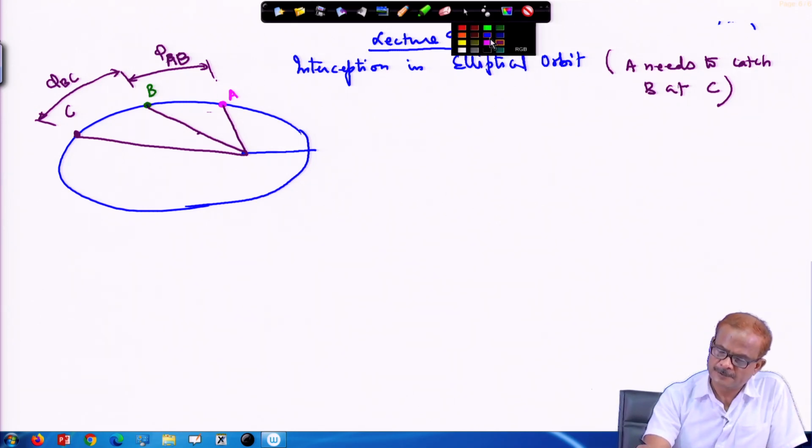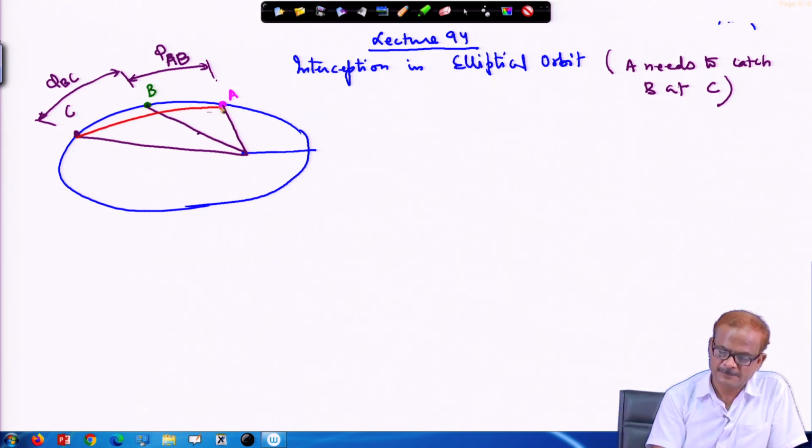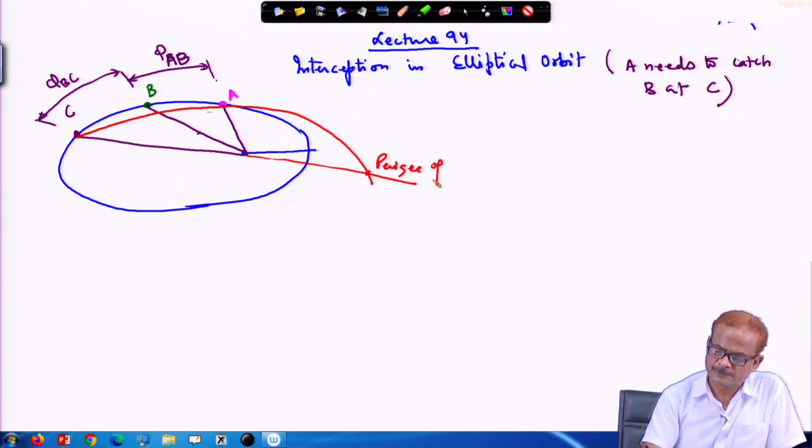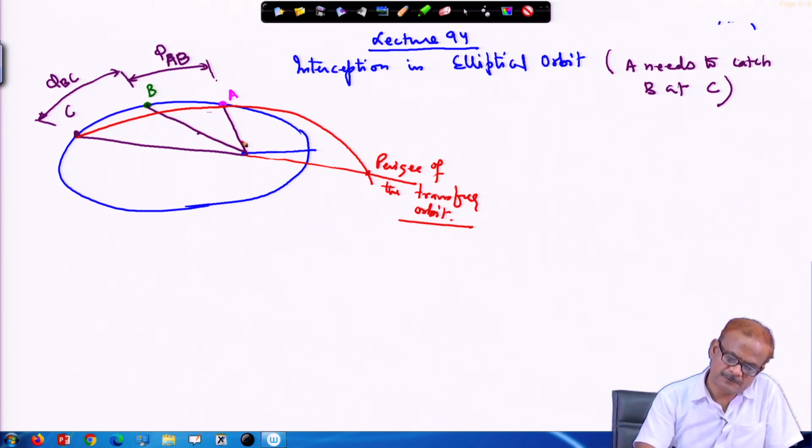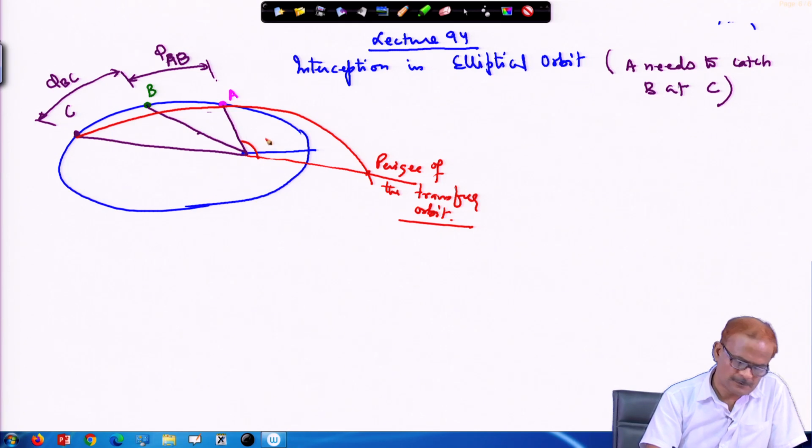Now, we need to send the satellite in a faster orbit. So, let us say this is the orbit that we choose, and for this orbit the perigee of the transfer orbit lies in this position.